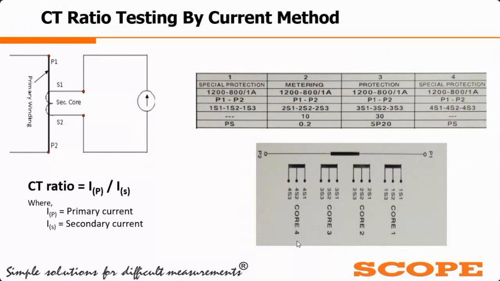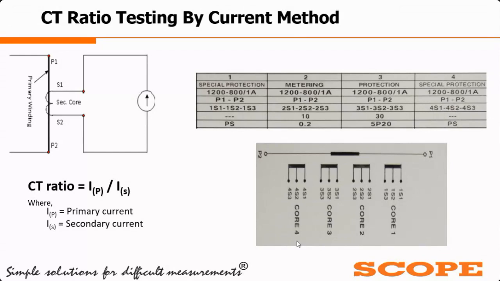Okay, so here what we have to do is inject, firstly, from 1S1 to 1S3, by 1S1 meaning P1 to P2, we have to inject 1200 ampere current from the primary side, and accordingly we have to measure the relationship of primary current with respect to 1200 ampere from secondary side taps 1S1 and 1S3.